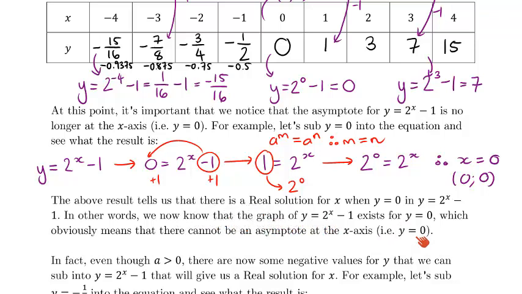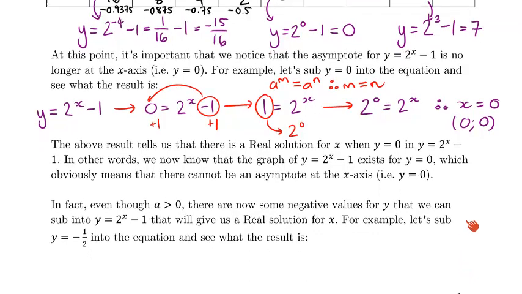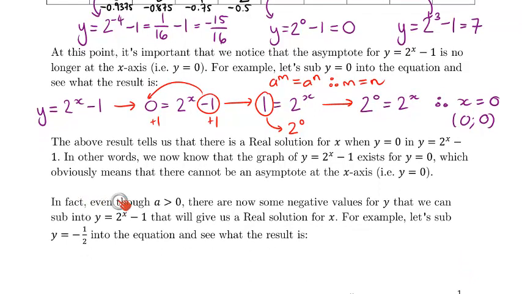In other words, y equals 0 is not an asymptote anymore, guys. If the graph exists for y equals 0, then there can't be an asymptote there anymore. In fact, even though a is greater than 0, there are now some negative values for y that we can sub into y is equal to 2 to the x minus 1 that will give us a real solution for x. That's very different from before, guys.